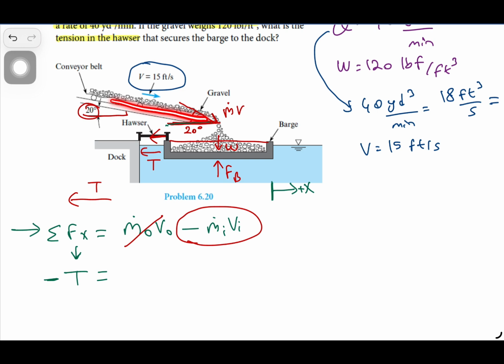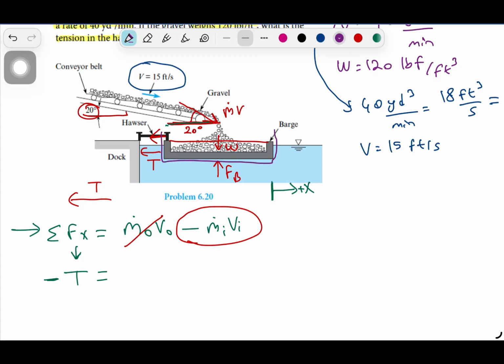We can say we have out, we don't have in, but actually here the control volume is barge, so that we are dealing with in or out. And actually let me draw the control surface. And it is control volume. Therefore, we only have inflow.